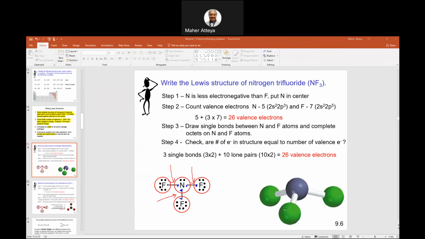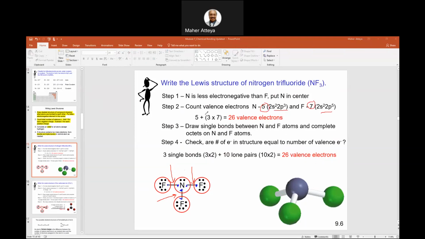Correct? So if you look at this, this is the Lewis dot structure of nitrogen trifluoride. You can follow all the steps here. You can check nitrogen has 5 valence electrons and fluorine has 7. Those are the electron configurations of them here.